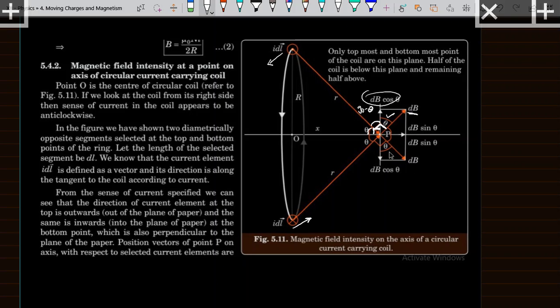Similarly, this will be theta by the same idea. See, this is dB, which is making 90 with the position vector over here, and this is 90 because we know it. Why? This is theta, so this will also be theta. तो ऐसे करके सारे एंगल ढूंढे.